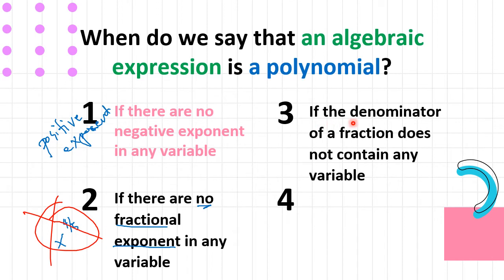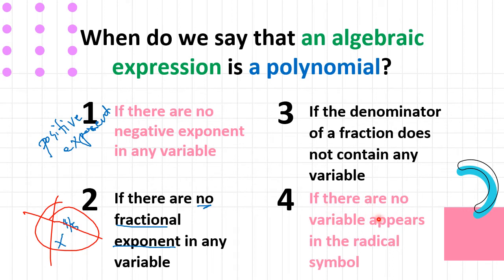Number 3, if the denominator of a function does not contain any variable. So, kung meron tayong fraction sa given polynomial expression, tingnan natin yung denominator. Kapag meron tayong variable doon or any letter, that means that is not a polynomial expression. So, kailangan no variable in the denominator.